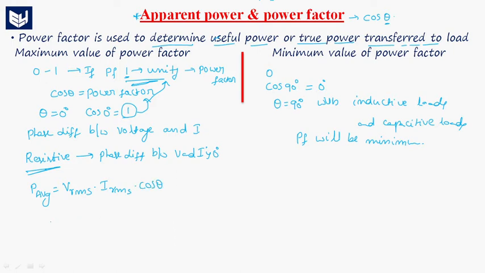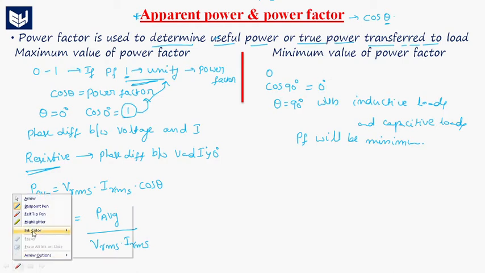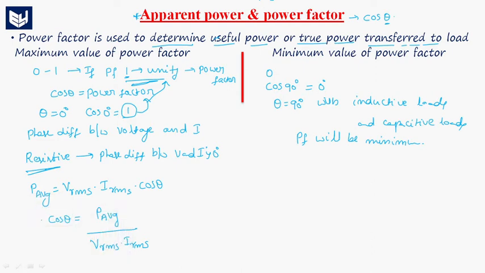From that we can say cos theta is equal to P average by VRMS into IRMS. Keep this equation aside. Power factor cos theta is defined as the ratio of average power to the product of VRMS and IRMS.